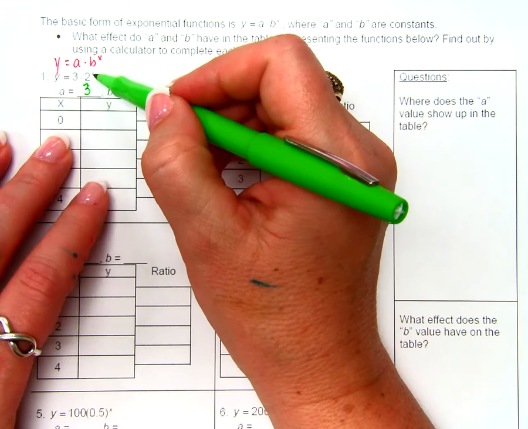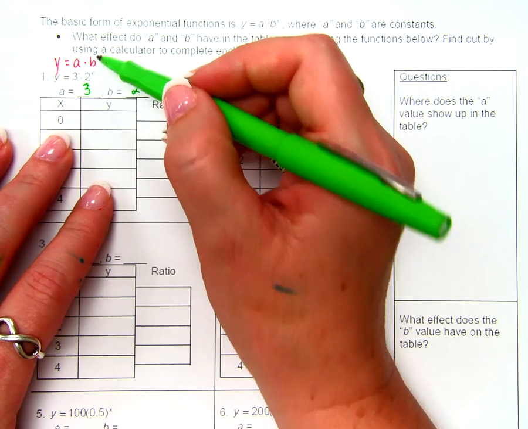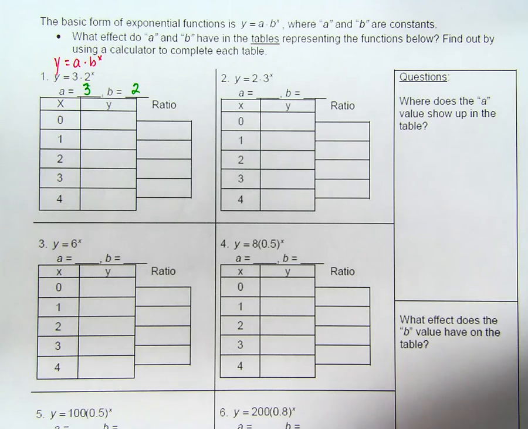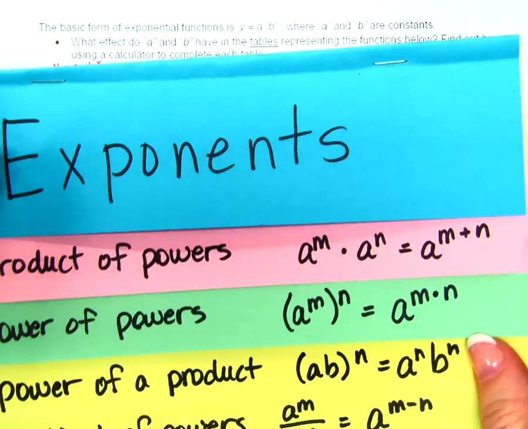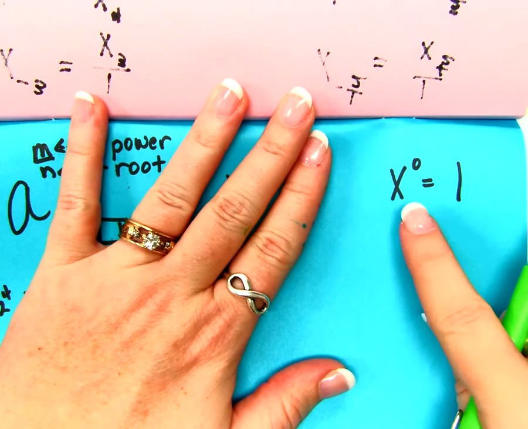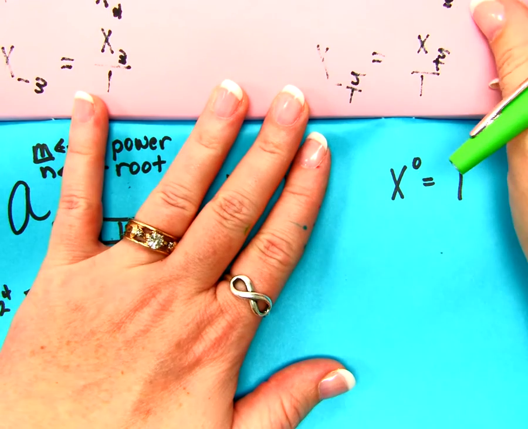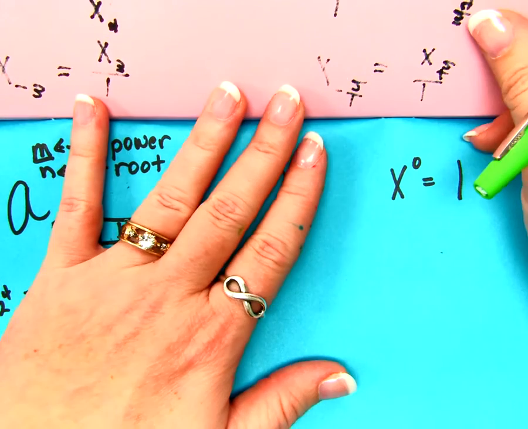Okay? So if x is 0, what's 2 to the 0 power? Okay, you're scaring me by saying 0, so let me remind you of something. Do you remember this foldable we made earlier this year? When we went on the back page, I told you that anything to the 0 power is 1. And in fact, some of you argued with me about that, because that's what you do.